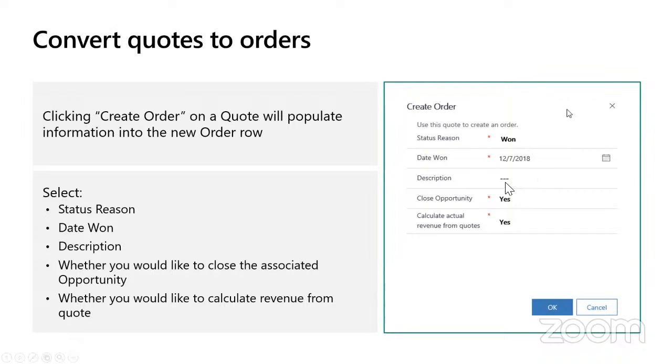And if there's any description that you need to put in there, you can simply put it in. And from there on, you then go on to close that opportunity. Because remember, we started from an opportunity. And also, if you want to calculate any revenues from the quotes moving forward.